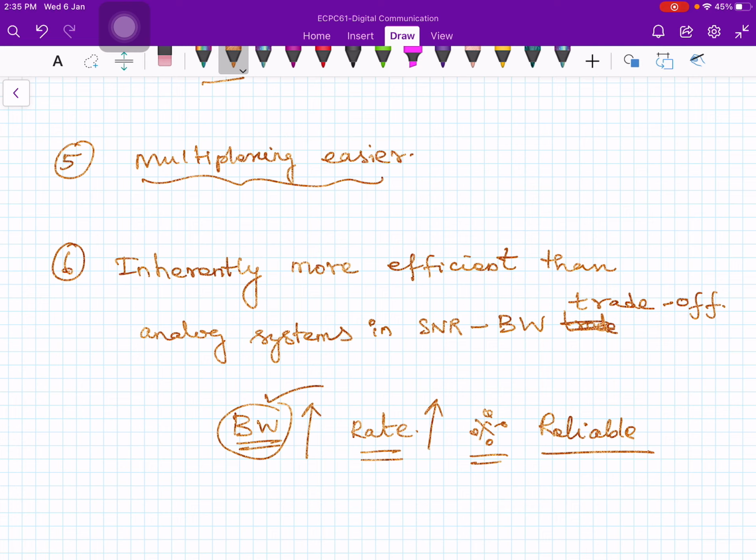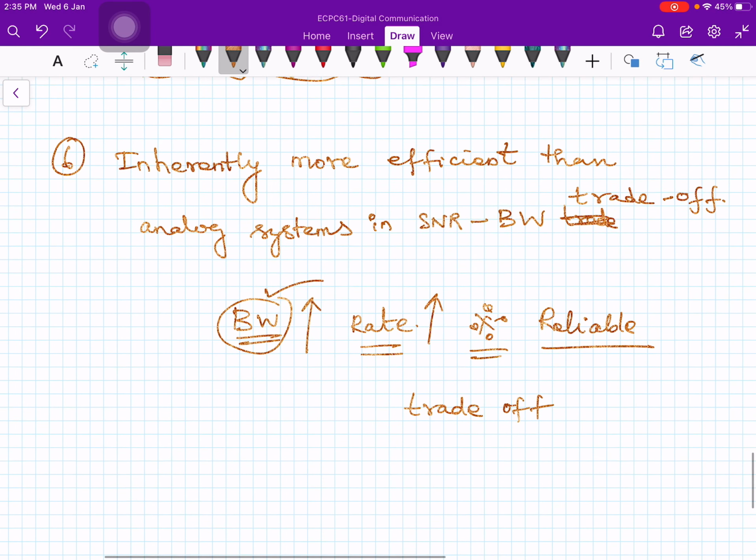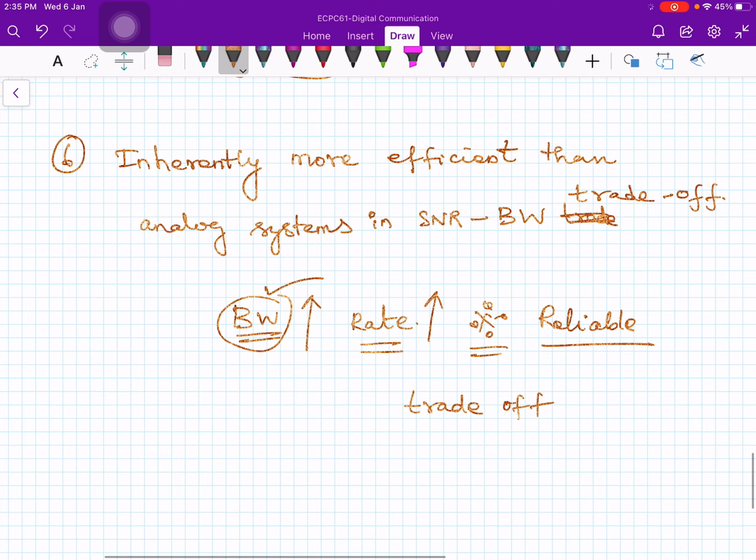And the question arises, can one thing be traded off with the other? Can I trade off bandwidth and reliability? And the usual answer is yes. We can trade off bandwidth with performance. Reliable means performance, very few errors. So we can get better performance provided that we are ready to give more bandwidth.